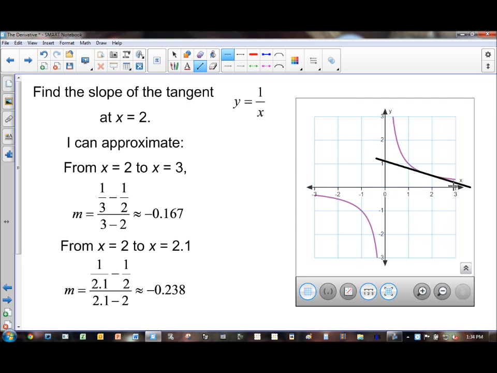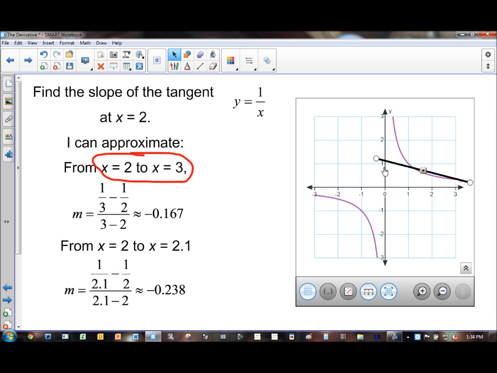I really don't know how to find the steepness of that line right now, other than just guessing. So what I could do is approximate it. I want the slope at x equals 2, so I could see what the slope is from x equals 2 to x equals 3, and that might look something like this, where it passes through the point at 3 and the point at 2, so that might be close.